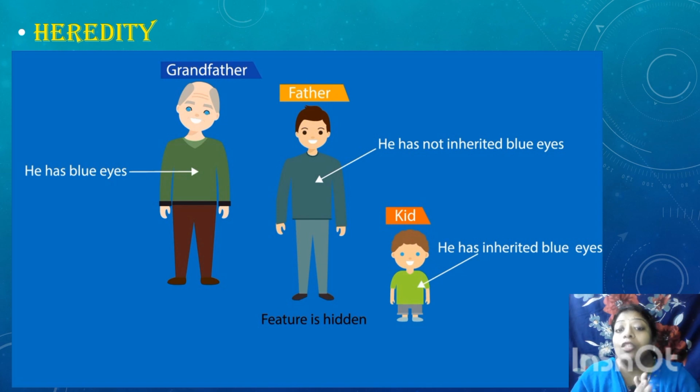But the father did not get that inherited color. It was transmitted from one generation to another. That sequence is called heredity.